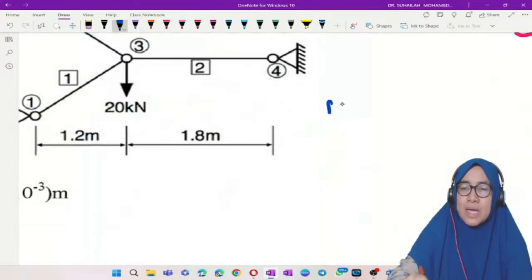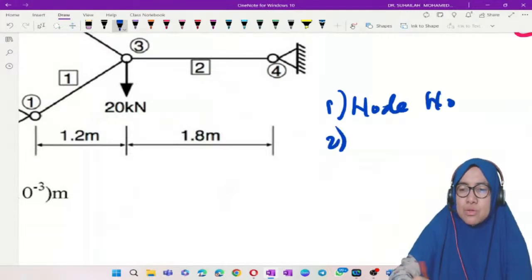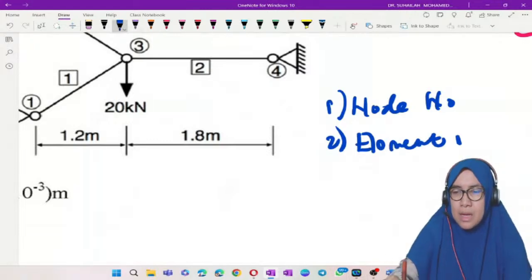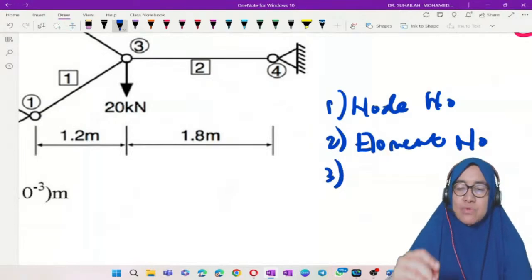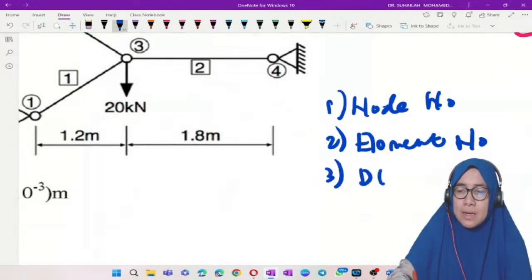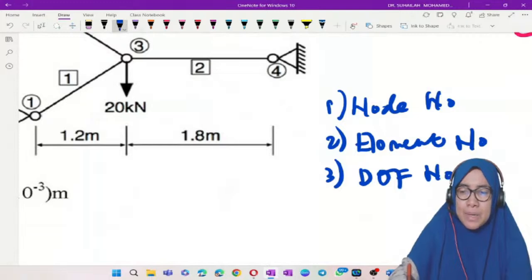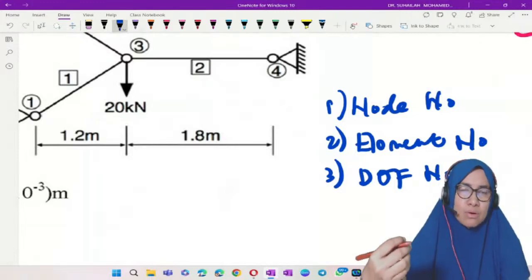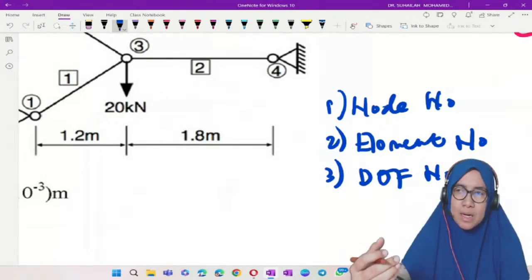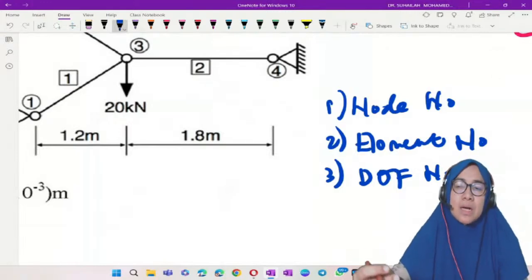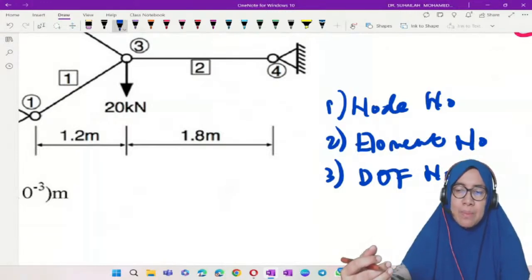Number one is node number. Number two is element number. Normally these two will be given in the question. Number three, we have to label the degree of freedom numbers according to the unconstrained and constrained systems. That means we have to label starting from one in the unconstrained system, and only then followed by the constrained system.